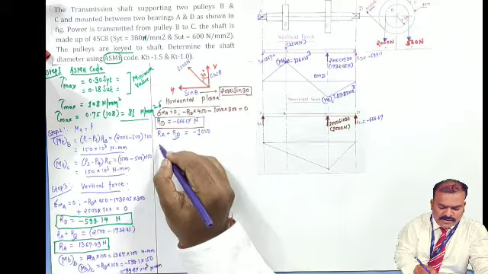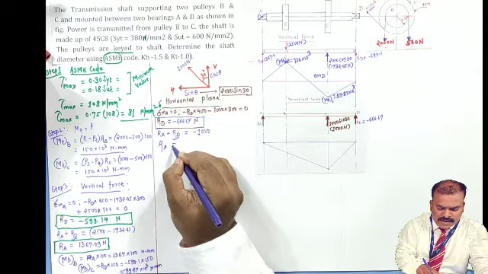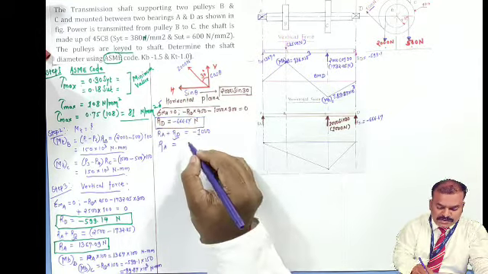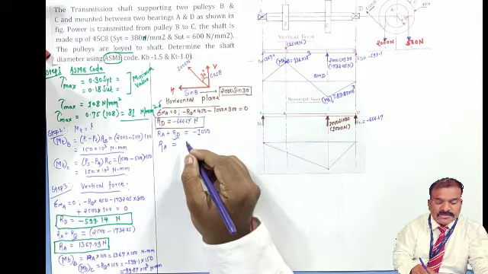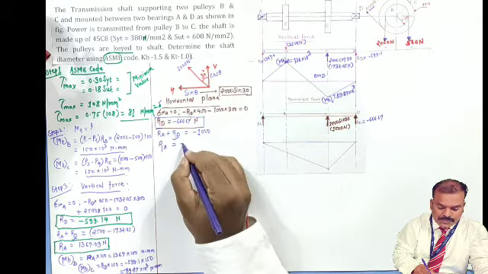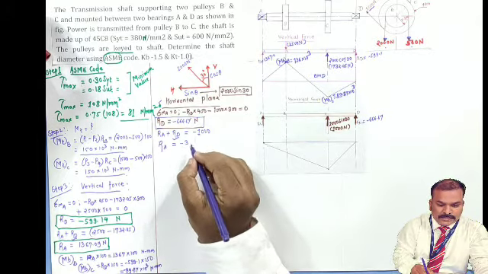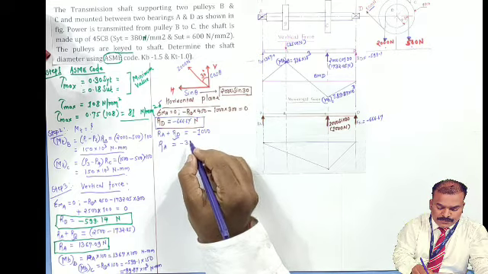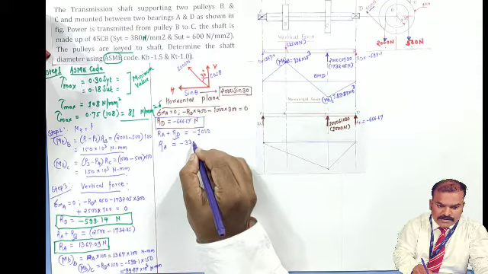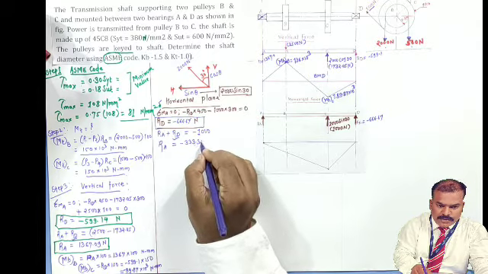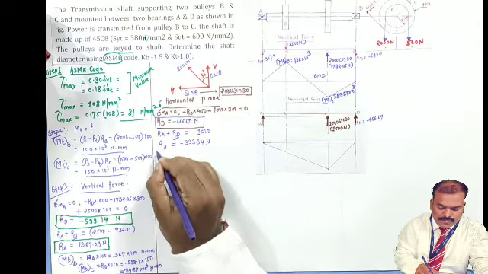So therefore RD is known, through which RA is equal to, so just calculate, that is 1000 minus 666 minus 3.34 Newton.